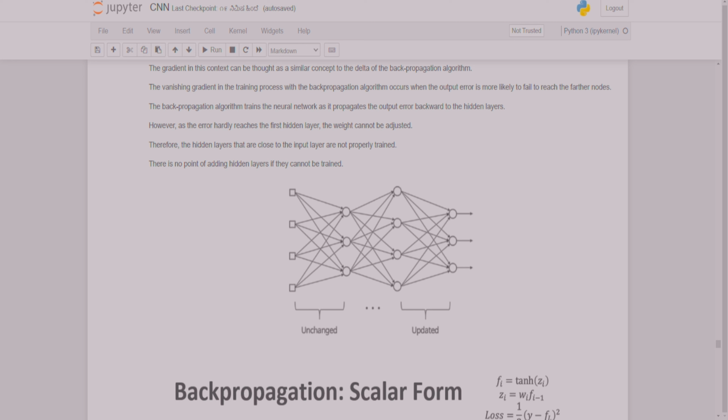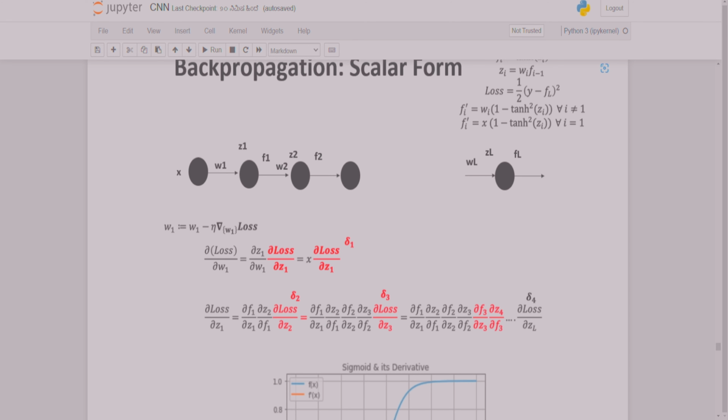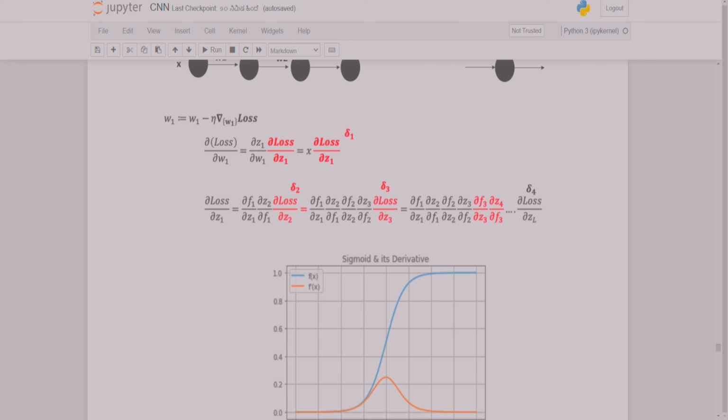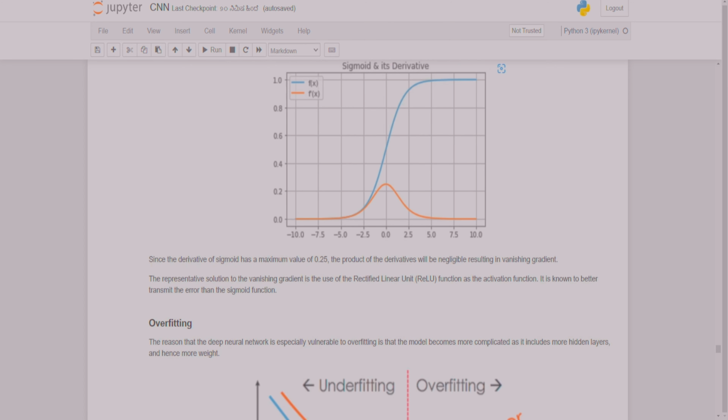Many hidden layers close to the input layer are not going to get this error. Mainly because of the derivative of the activation function, since we are using the sigmoid function, its derivative is very small. So the derivative getting multiplied by other smaller numbers such as the error, the value keeps on reducing and becomes closer to zero as we have a huge number of hidden layers. So that's the first thing.